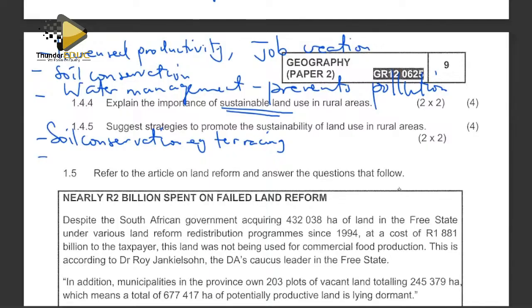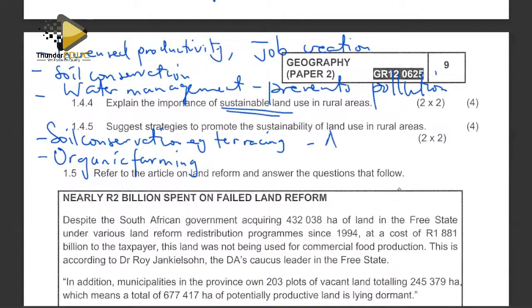Or we can look at organic farming. Instead of using artificial fertilizers, we use natural fertilizers that are going to enhance soil structure and ensure guaranteed soil fertility.